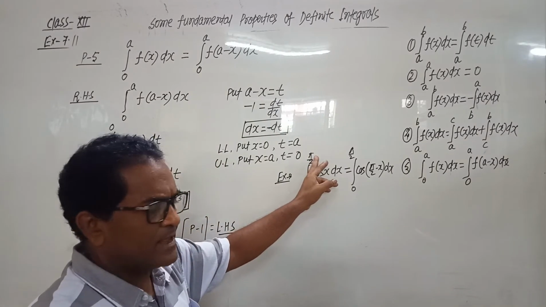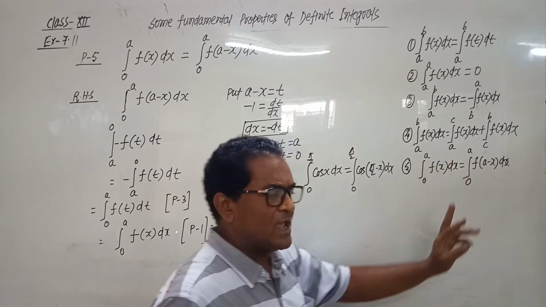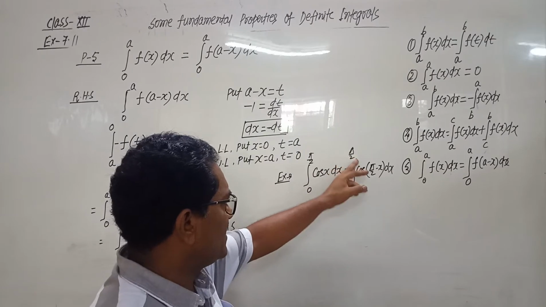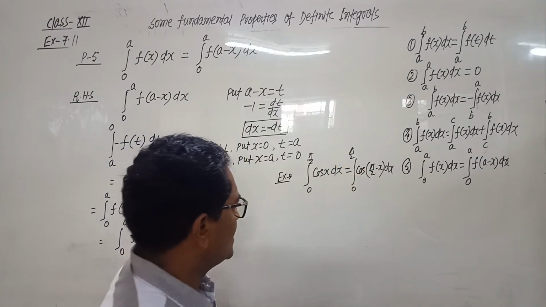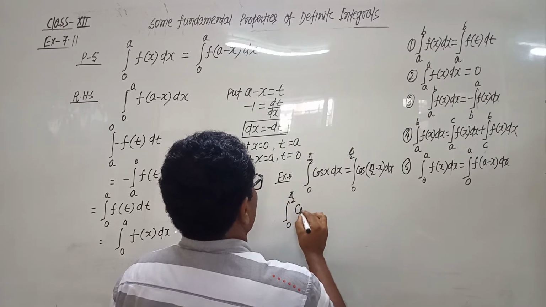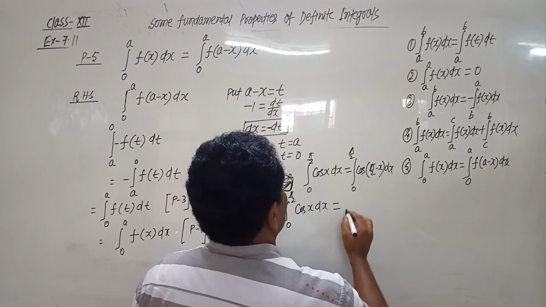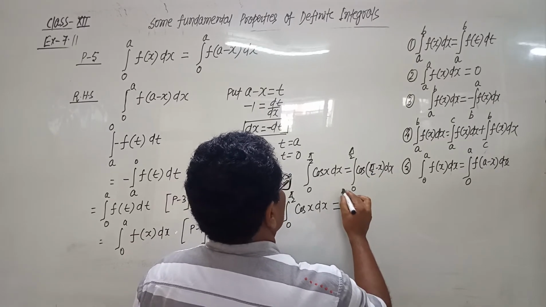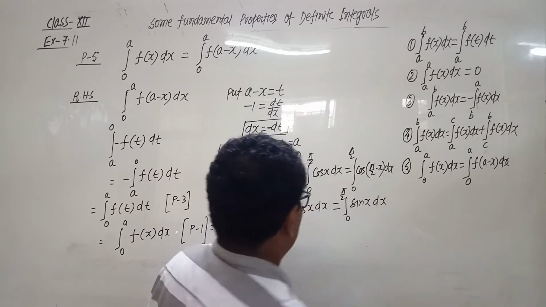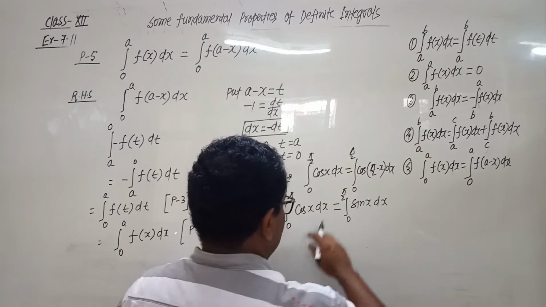Here the value of a is pi by 2, so f(a minus x) is cos(pi by 2 minus x). So we get 0 to pi by 2 cos x dx equals the integral of sin x. The values of the integral of both expressions would be the same.